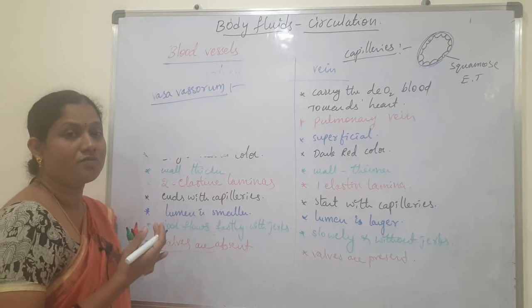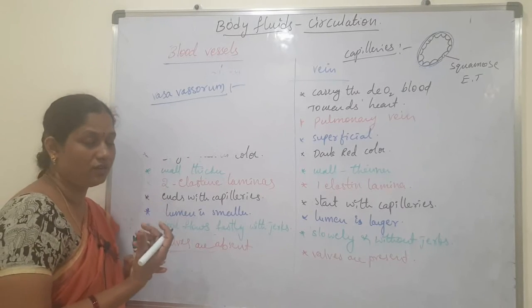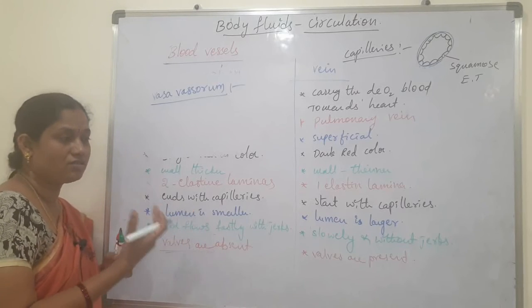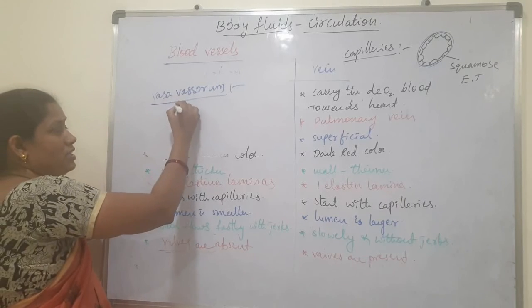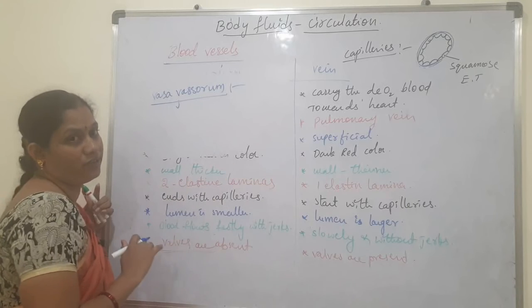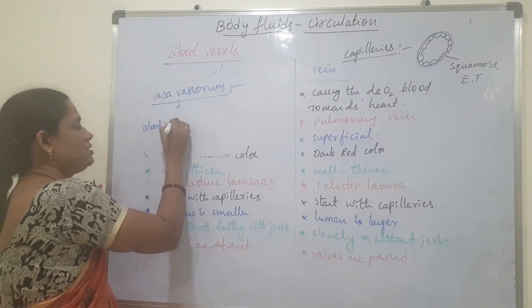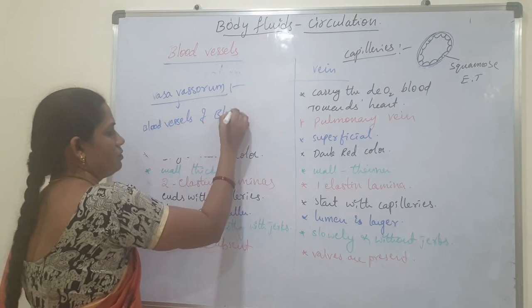Here the tunica media is made up of smooth muscles. Smooth muscle shows continuous contraction and relaxation, so it also needs ATP, energy. So the vasa vasorum supply the blood to blood vessels, which is why they are also called blood vessels of blood vessels.